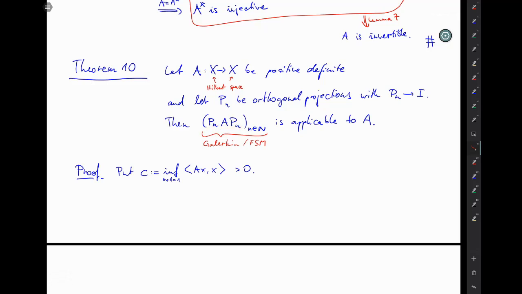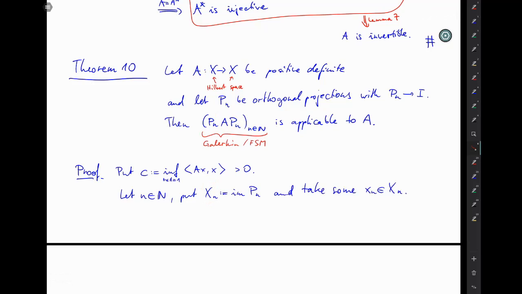So let's start with a little n in the natural numbers. Okay, now introduce our subspace Xn as the image of Pn, and now start with a vector in that subspace so that we can apply our projected operators on it.